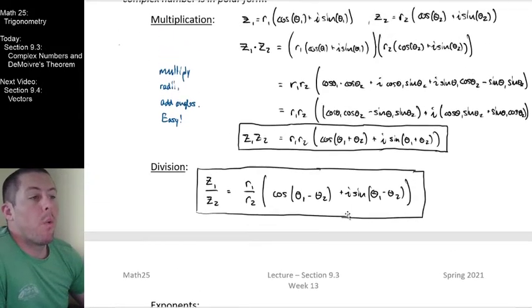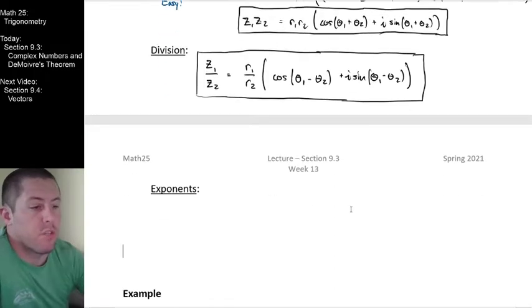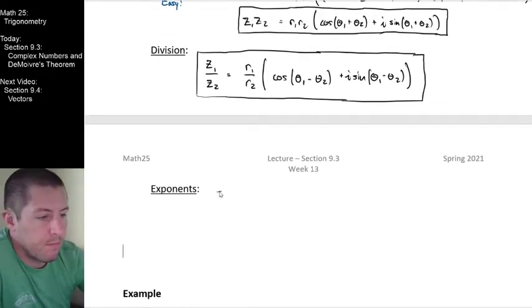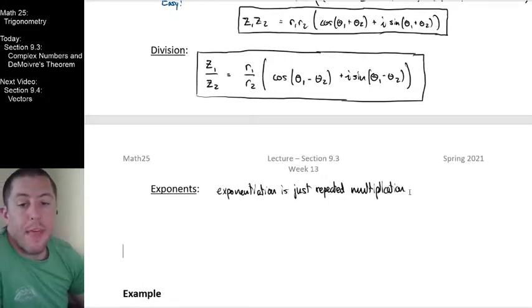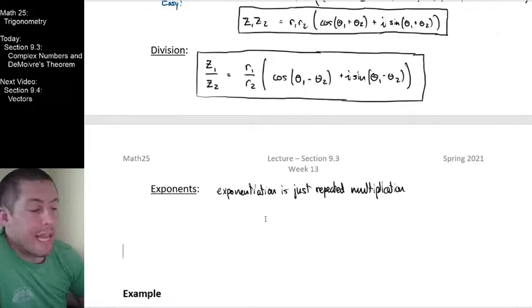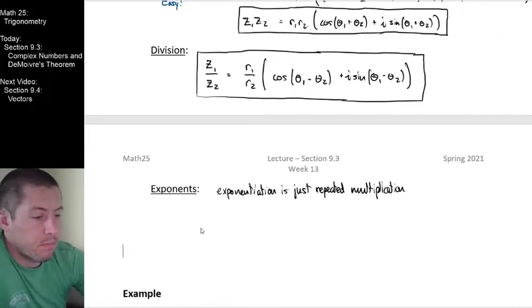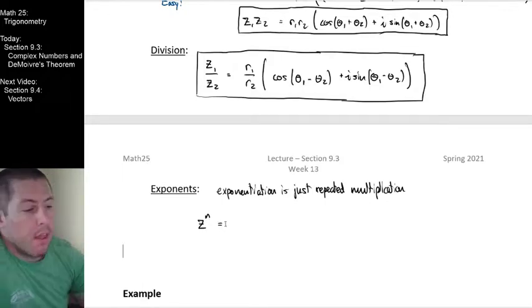Now, the even better one here is doing exponentiation. But what we know is that exponentiation is just repeated multiplication. So if I were to do z to the n power, what's that going to do?